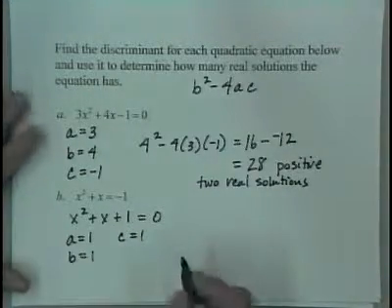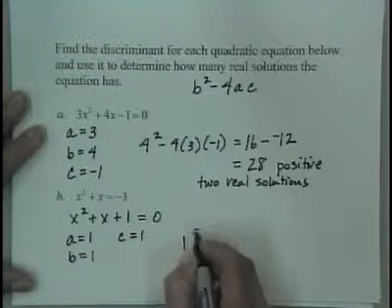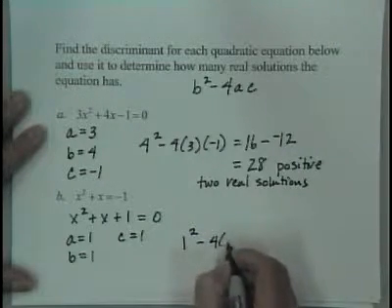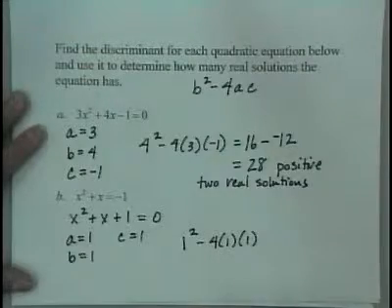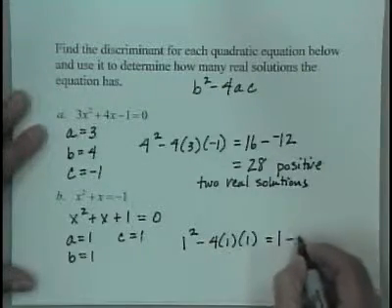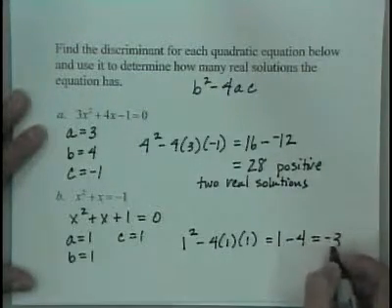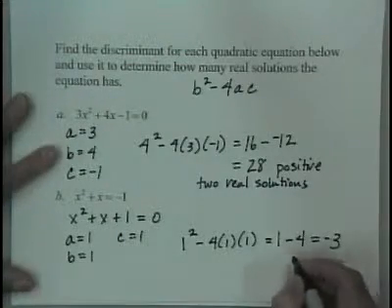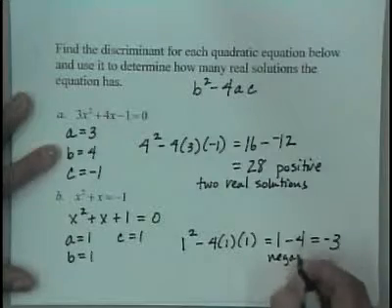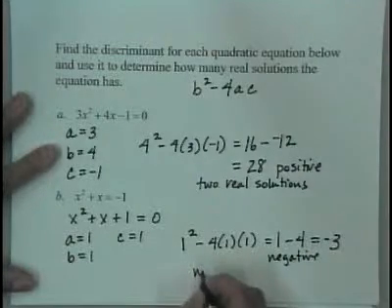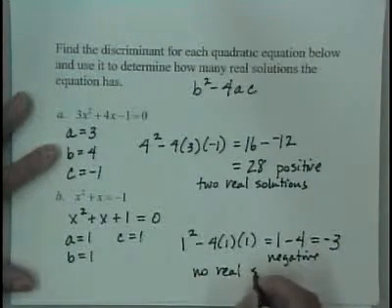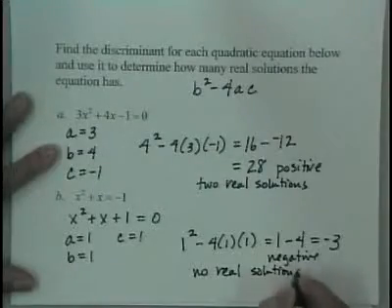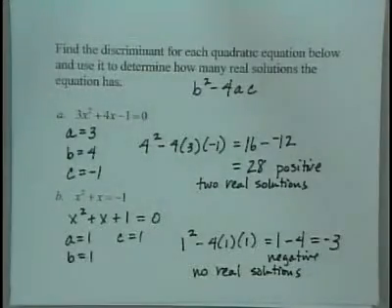Putting those into the discriminant, I get b squared minus 4 times a times c, which is 1 minus 4, or negative 3. This is the discriminant. The discriminant is negative, which means there are no real solutions to the quadratic equation.